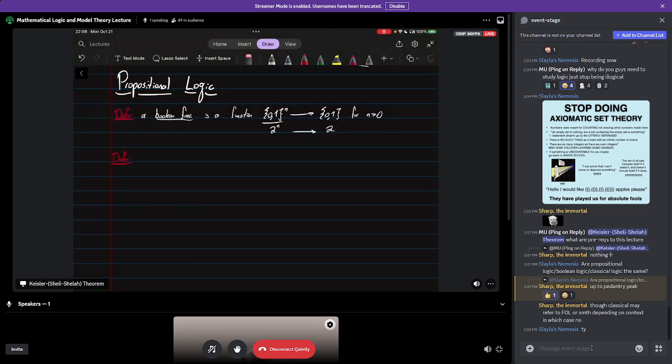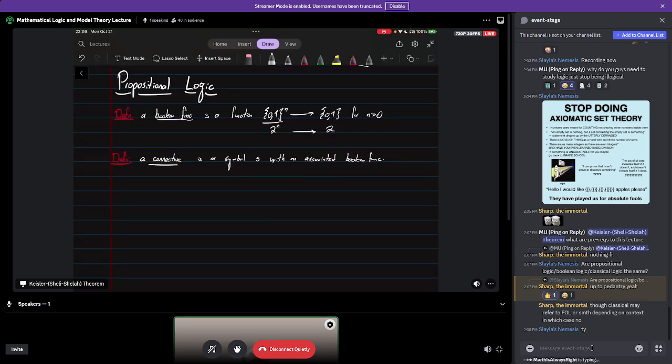Another definition: a connective is a symbol S with an associated Boolean function.